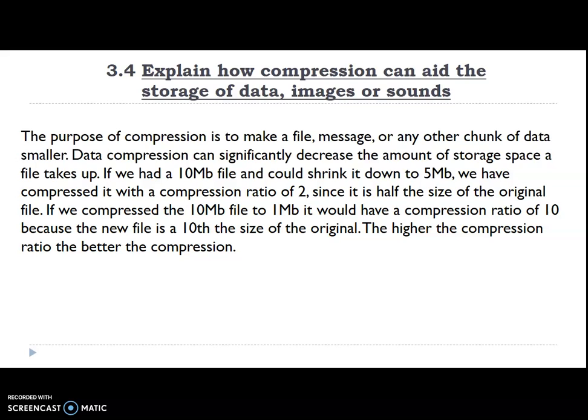If we had a 10 MB file and could shrink it down to 5 MB, which is megabyte, we have compressed it with a compression ratio of 2. Since it is half the size of the original file, if we compress the 10 MB file to 1 MB, it would have a compression ratio of 10 because the new file is a tenth the size of the original. The higher the compression ratio, the better the compression.